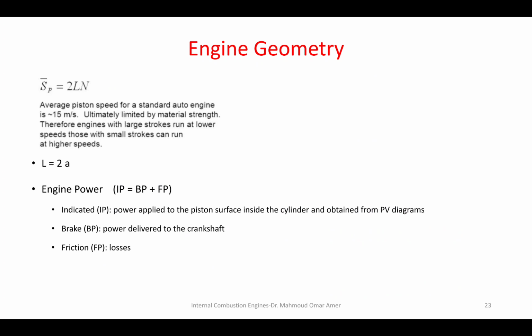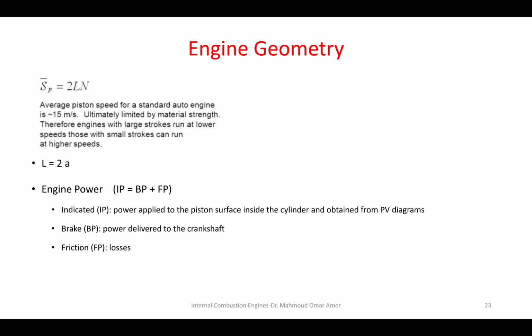So the brake power, which is the power delivered to the crankshaft, must be lower than the indicated power. And the difference between them is the friction power or the friction losses.